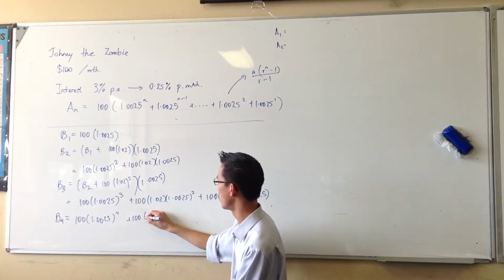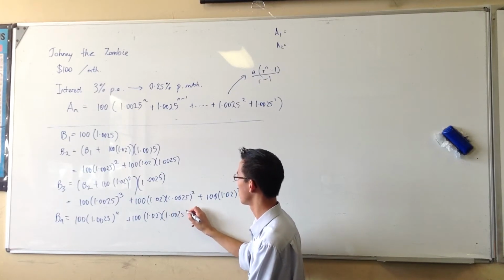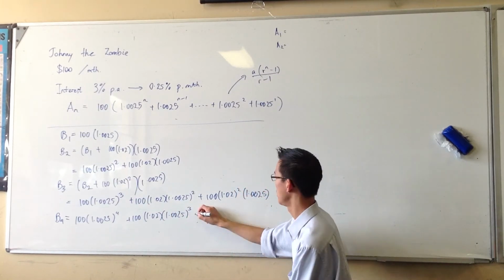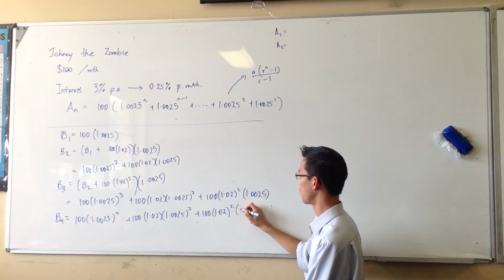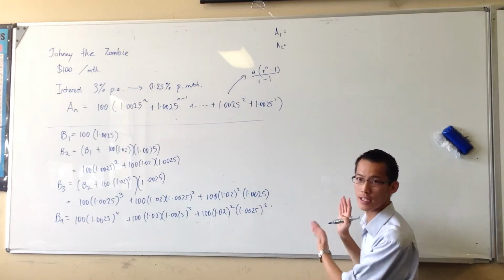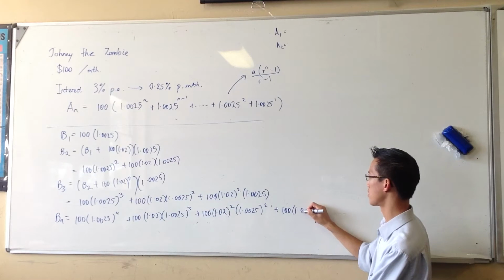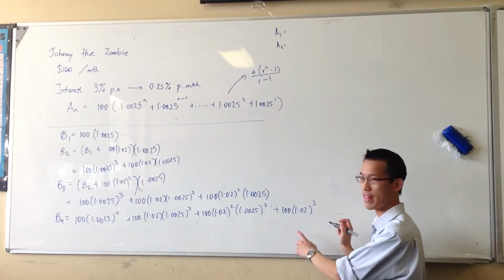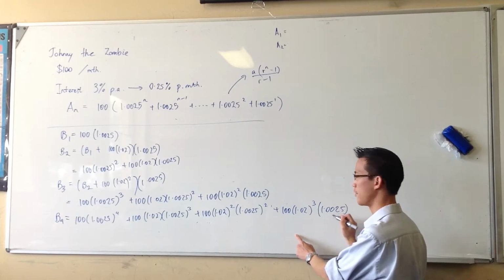Then this next one, which was bigger by 2%, gets another lot of interest. Then this one will get another lot of interest. And then he'll have his last, most recent and largest deposit. Namely, it's got 3 lots of that 2% increase, plus 1 lot of interest.